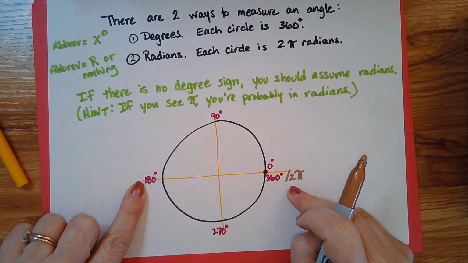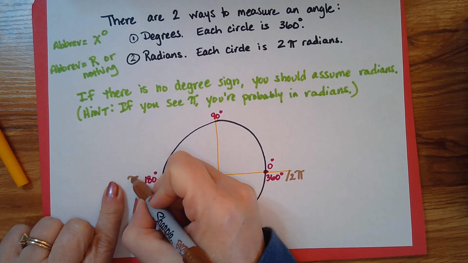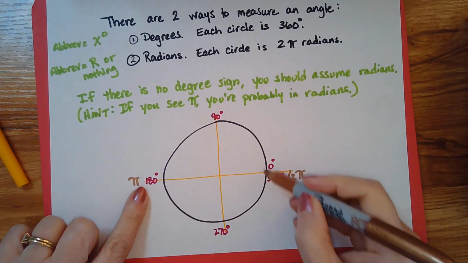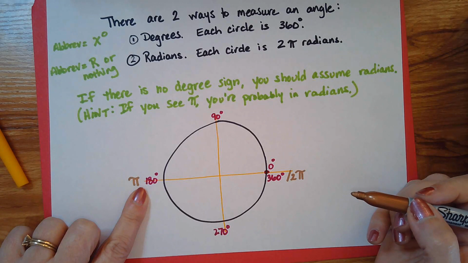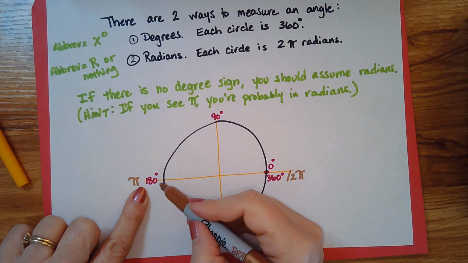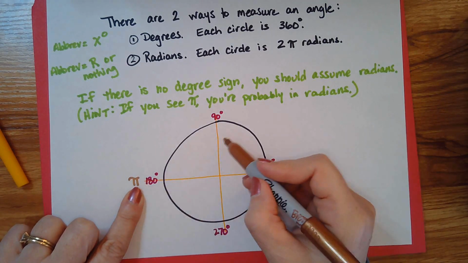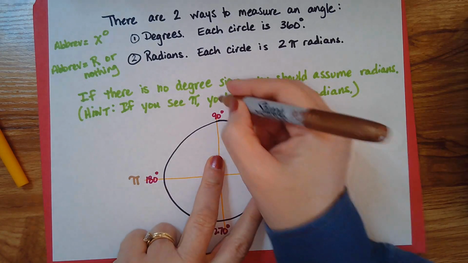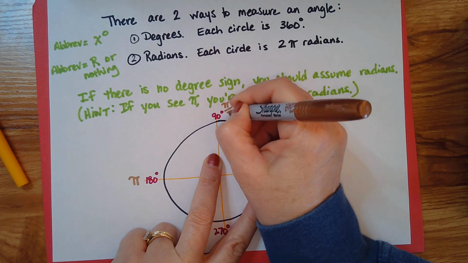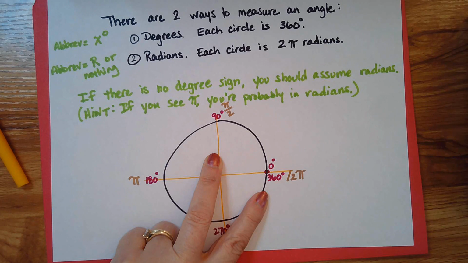And what's half of 2 pi? Well, that would be just pi. So this is pi radians to go halfway around. And then if I were to take that pi and cut it in half again, that would be pi over 2, or 0.5 pi radians, excuse me.